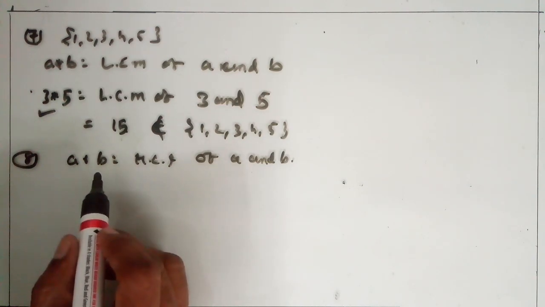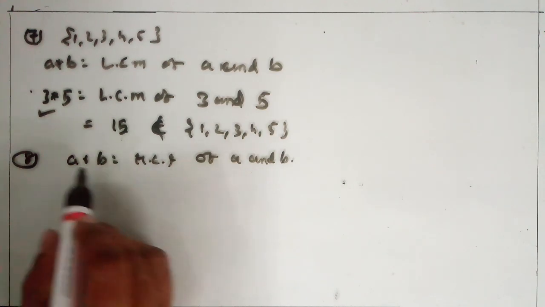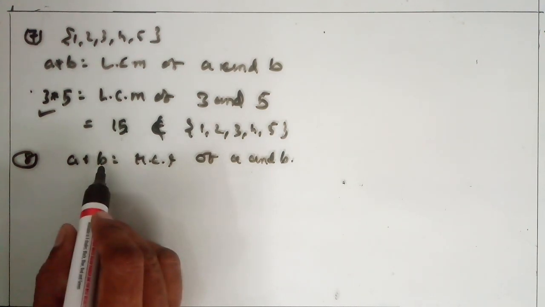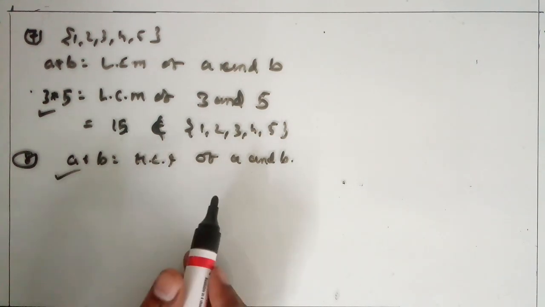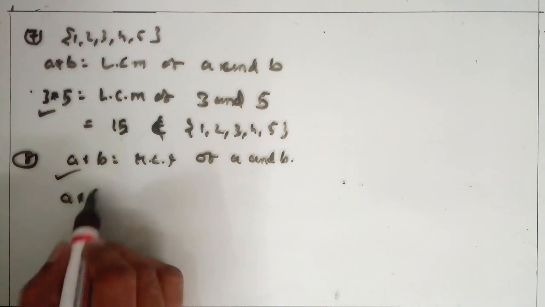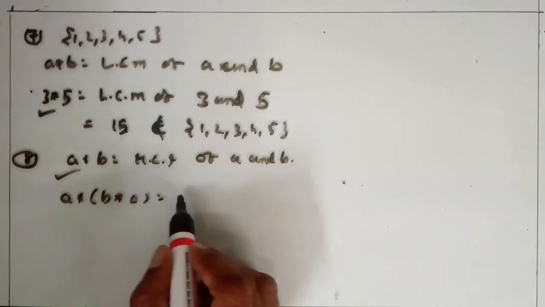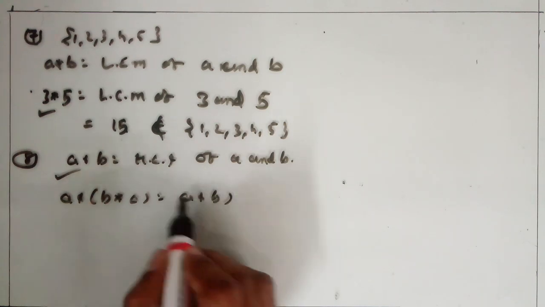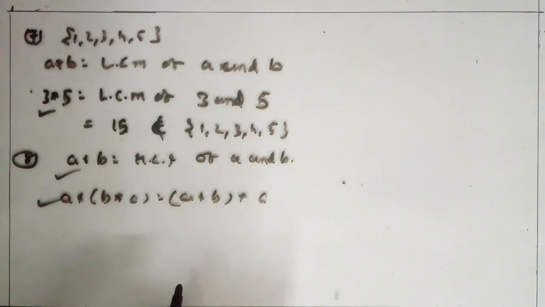Does there exist an identity for this binary operation on N? HCF of A and B is equal to HCF of B and A, so this becomes commutative. HCF of A and B and C is equal to HCF of A and B and C, so this becomes associative. Clear?